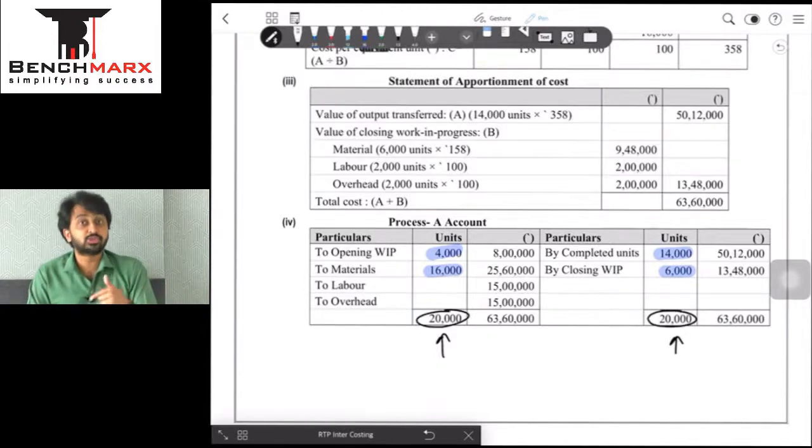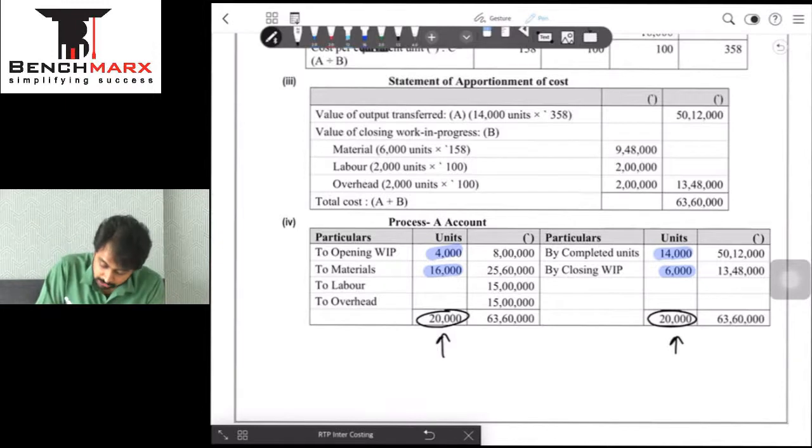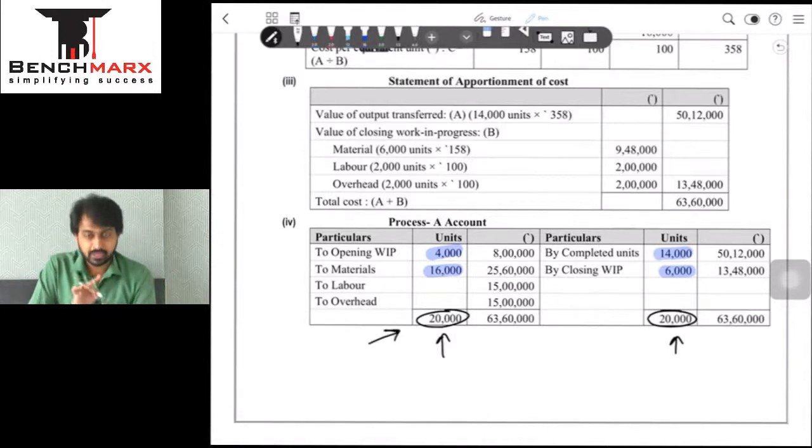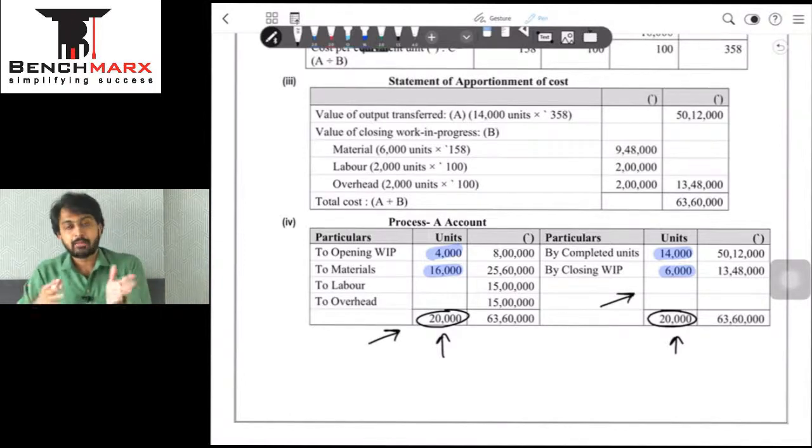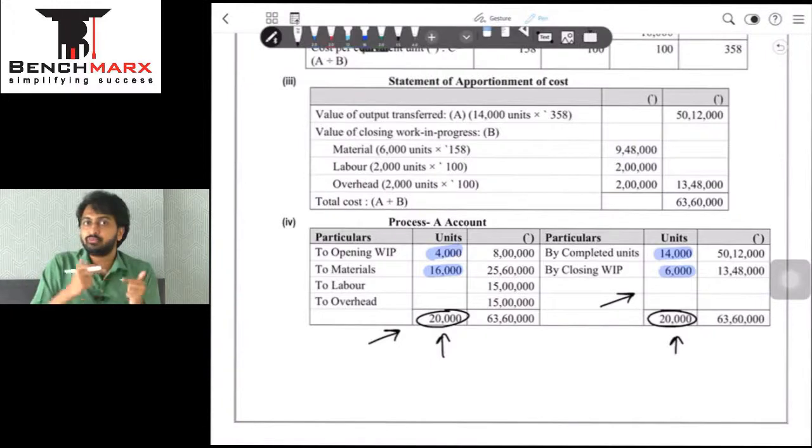It is because of this that there is no balancing figure, and hence no abnormal loss or abnormal gain. Had there been a balancing figure on the debit side, it would be abnormal gain. Had the balancing figure been on the credit side, then it would be abnormal loss. Abnormal loss would be a part of my statement of equivalent output. Abnormal gain would also be a part of my output, but I would subtract it, remember? Hopefully yes. Which means in this process account there is no abnormal loss or abnormal gain.